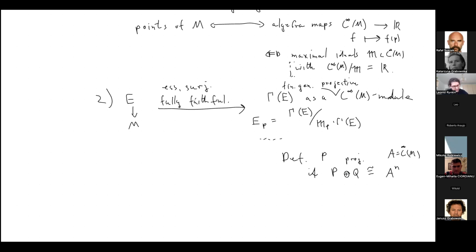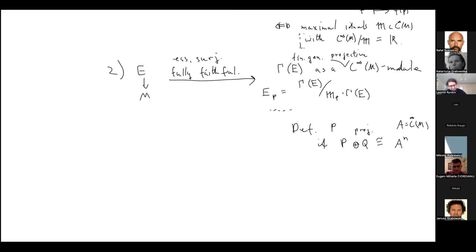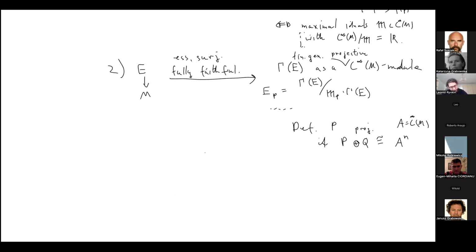Okay, so there is one exercise which I tried to do in preparation for the talk. I will probably not write down the details because they turned out longer than I thought, but just as an example, we can look at the smooth functions on S1. Let's say that's our algebra. We can now look at the following module.